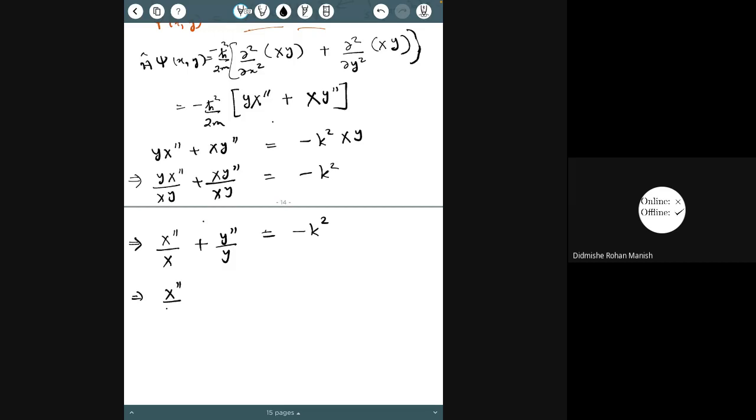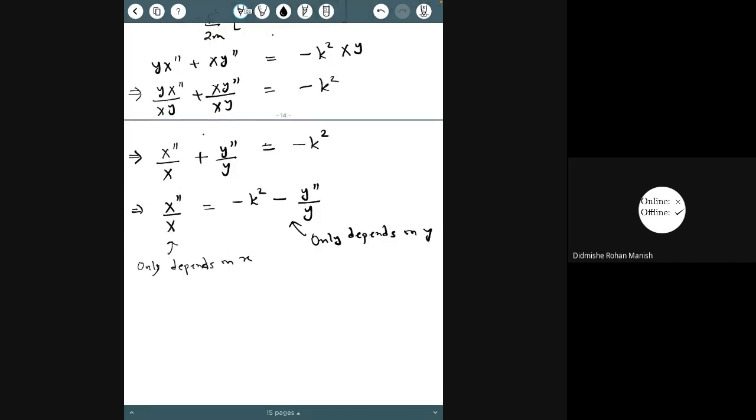Then x double prime by x is equal to minus k square minus y double prime by y. Now something funny has happened. So we have a left hand side which only depends on x, and we have a right hand side which only depends on y.